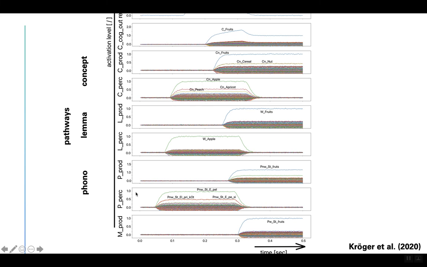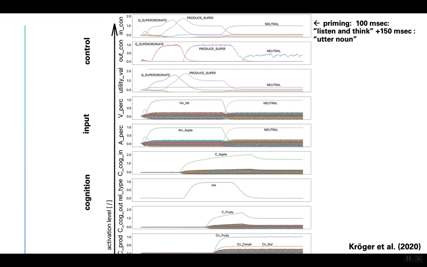We here now get an input, the word apple, on the perception side, on the lemma side activated, in the perception pathway on the concept level it is activated. And then it is processed from the cognitive input level.